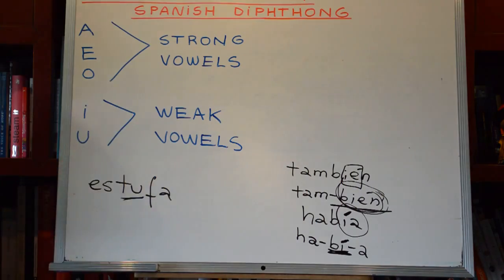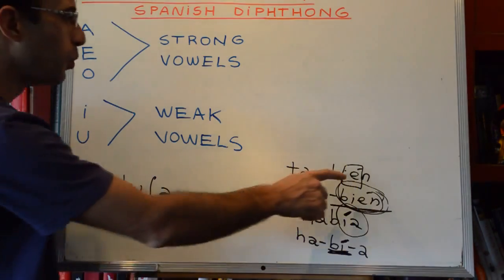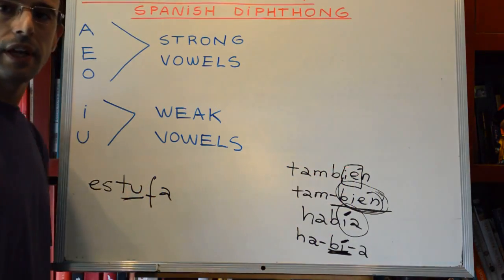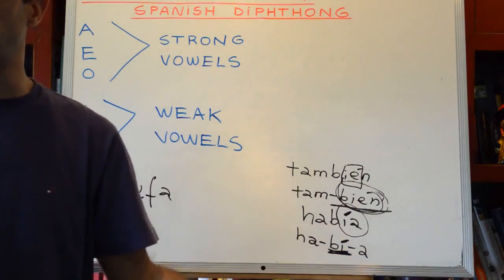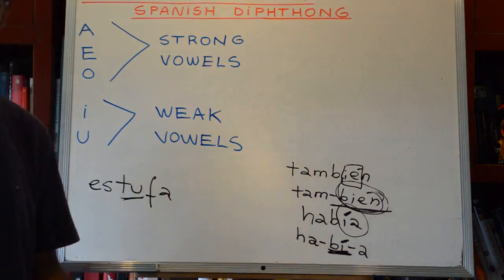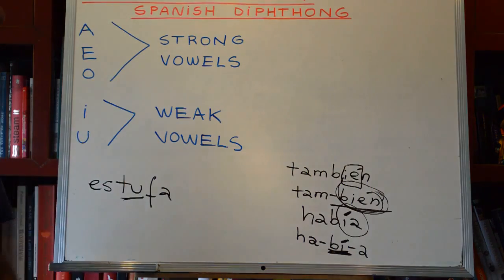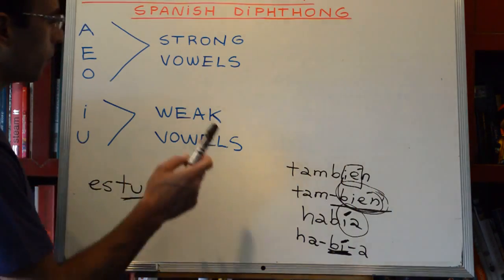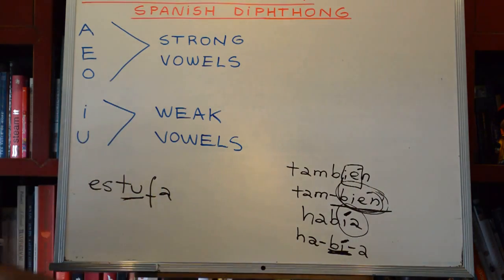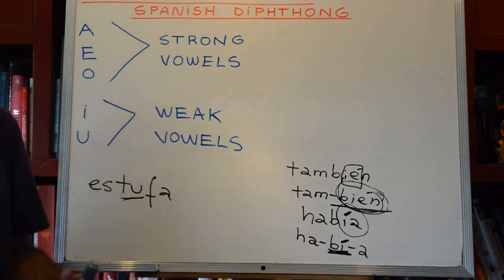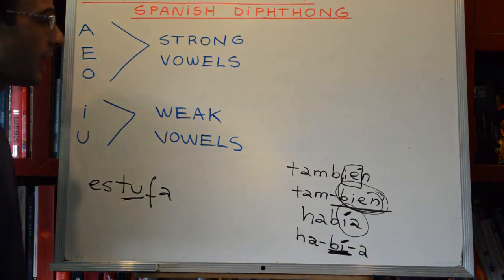If you have two vowels together, the weak vowel cannot be separated because it's weak. It needs to be with another vowel. I'll explain it this way because it's the easy way to understand and remember. So, weak vowels cannot be separated. Strong vowels are strong, so they can be separated. Now look.